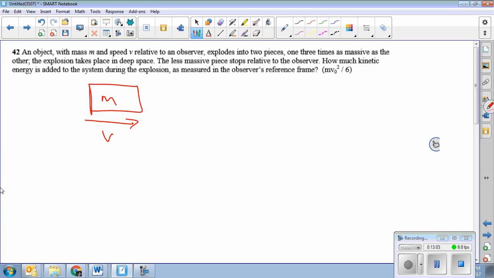One is 3 times as massive as the other, so this is going to be 1/4 of m, and this is going to be 3/4 of m, right? The explosion takes place in deep space. I don't know what that has to do with anything. The less massive piece stops relative to the observer.